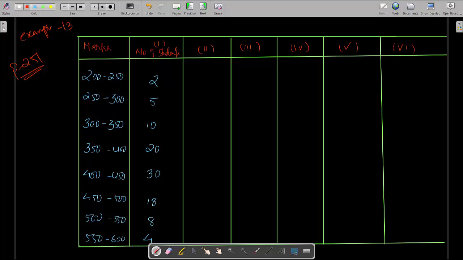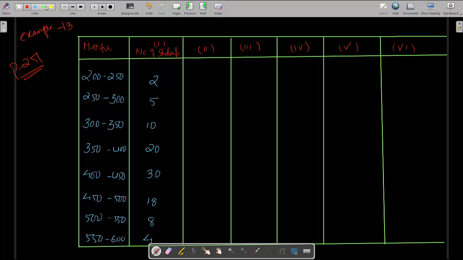In column 1, as per the steps, the frequencies as given in the question are noted against the respective item. So whatever has been given here, you write down the frequencies as they are. Then you inspect which one is the highest. Here, 30 is the highest value.